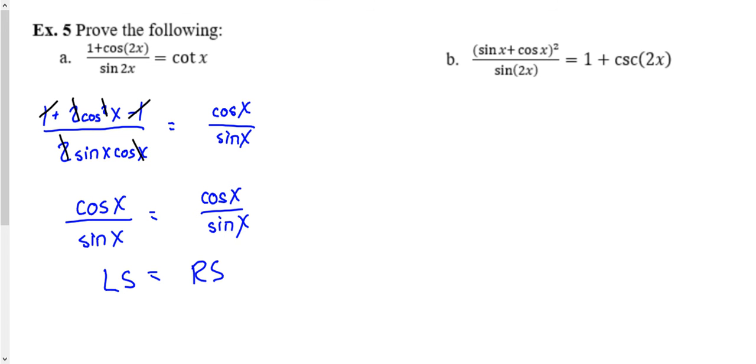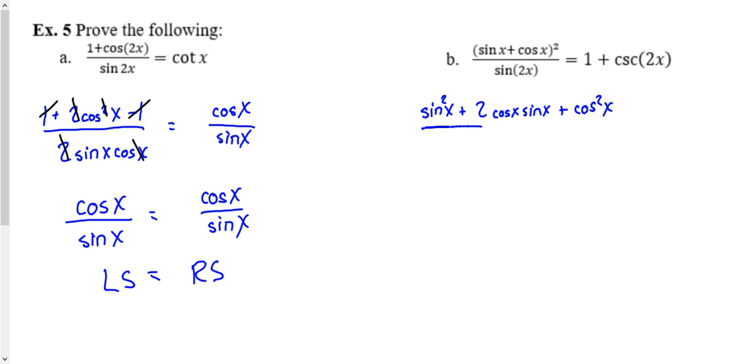So first off here, squared just means we're going to multiply out our numerator. So my numerator is going to be sine squared x, and we have plus 2 cos x sine x plus cos squared x.